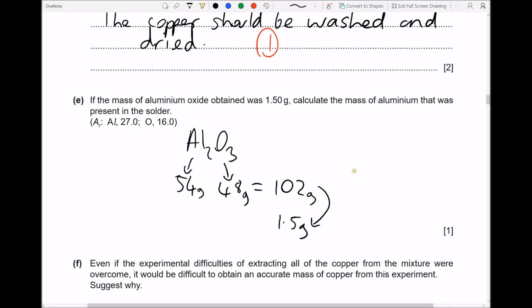If you put in 102, which is this one here, and divide that by 1.5, it will tell you what the multiplier is, and the multiplier comes out at 68. So if we take 102 and divide that by 68, we should get 1.5 grams. Now we want to work out what mass of aluminium was present in the solder. So all we do is go to this side, do exactly the same on that side, divide that by 68, and what we should get is a mass of 0.794 grams.